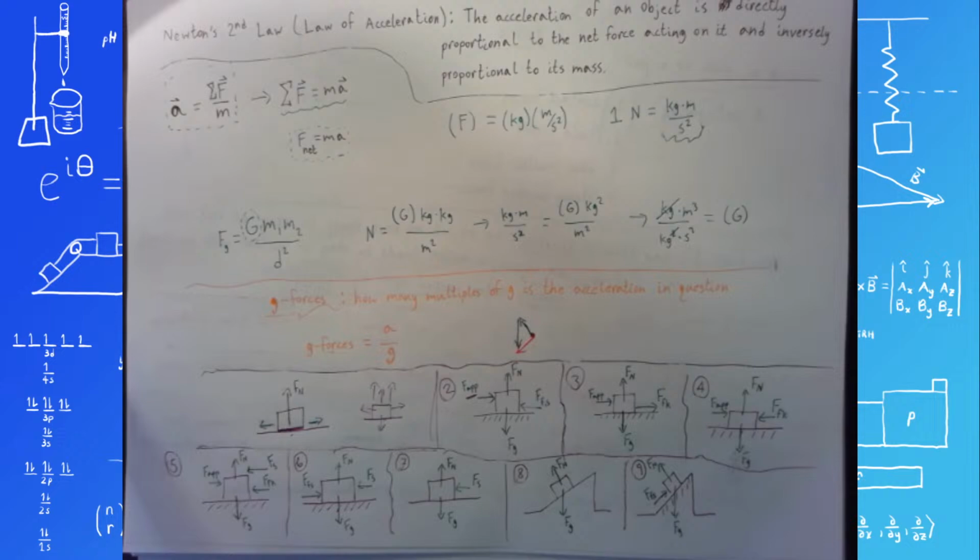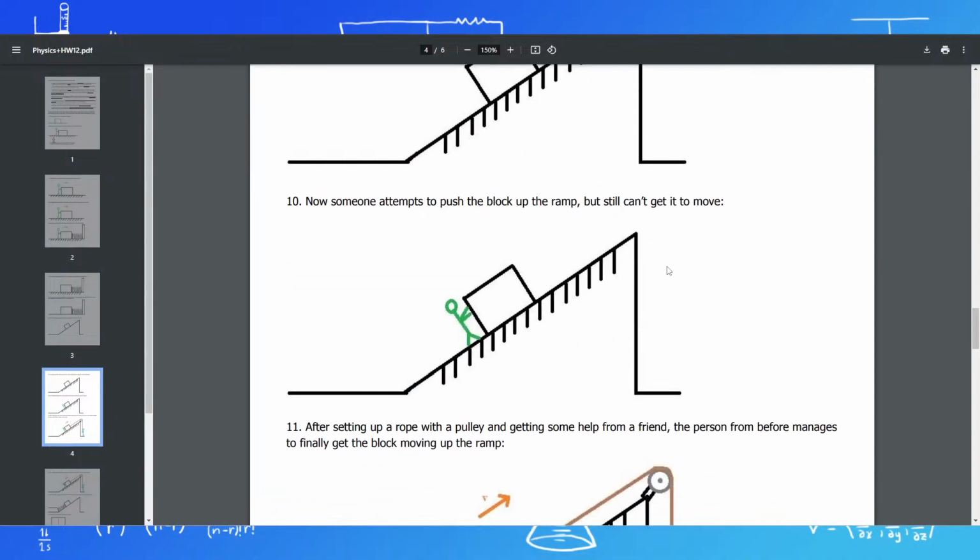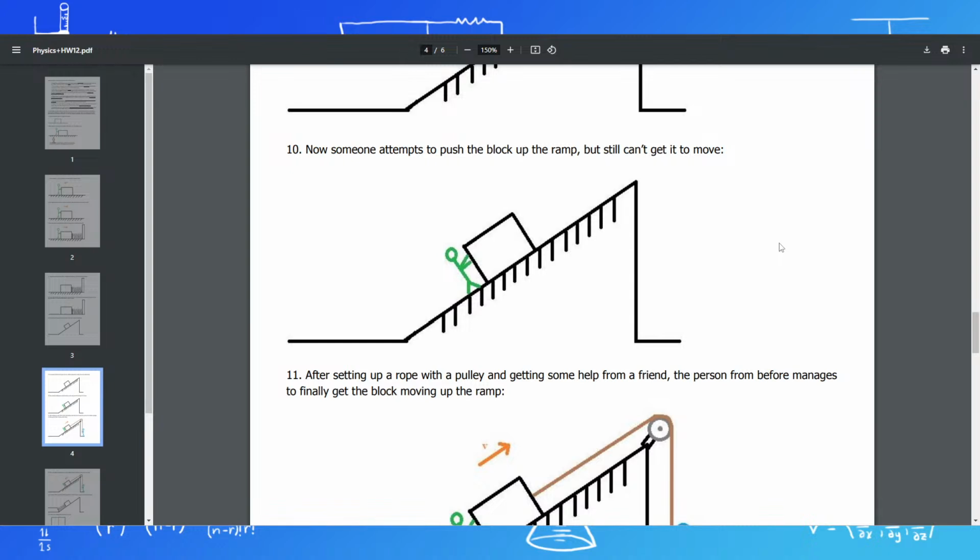Okay, scenario number 10. Now someone attempts to push the block up the ramp, but still can't get it to move.